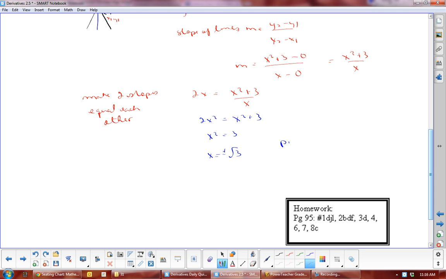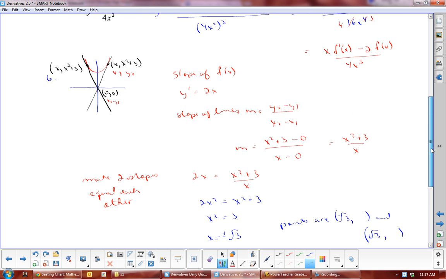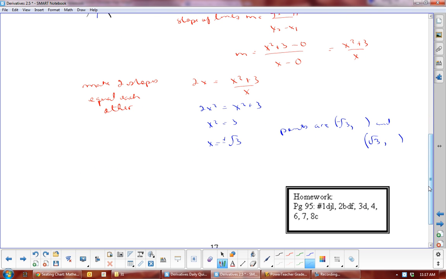Okay, so the points are negative root 3 comma something and root 3 comma something. How am I going to find that? Plug it into the original equation, you should get the y values. So that's just into x squared plus 3.